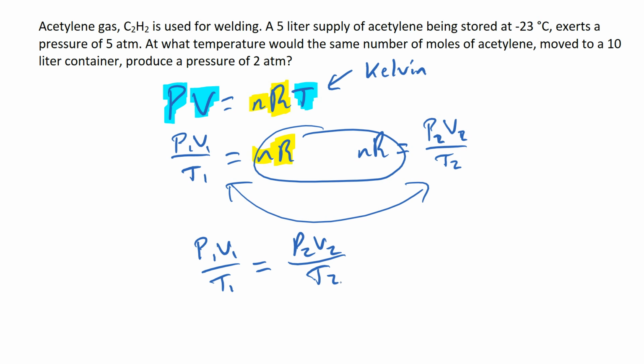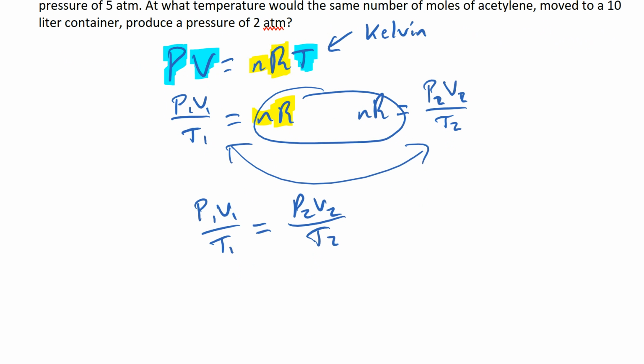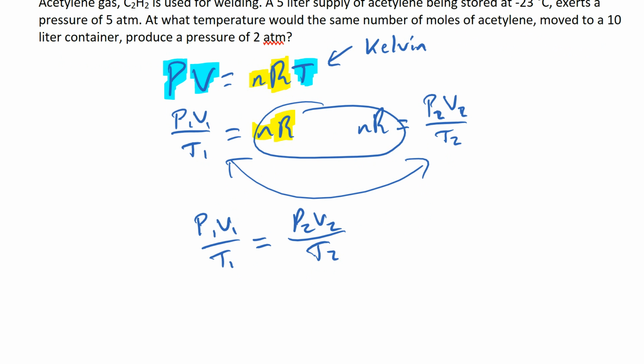And so now the question is, what is P1, V1, T1? What stuff can I plug in? For pressure 1, we are at 5 atmospheres. Volume 1 was 5 liters. Temperature 1 was negative 23 Celsius. Hold on a second. What units does temperature have to be in?